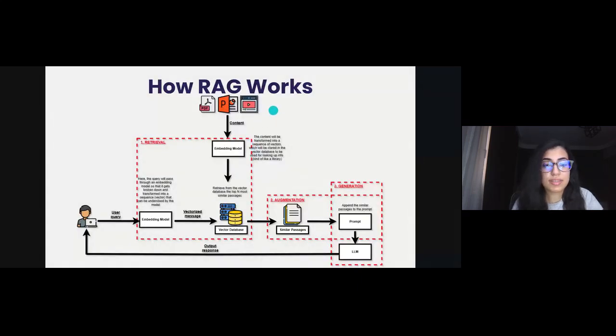This data can come from things like PDFs, PowerPoints, YouTube videos, and you pass the content to another embedding model, and the content will be transformed into a sequence of vectors, which will be stored in the vector database to be used for looking up information. So imagine this vector database kind of like a library. When you go to a library, there are sections where you can look for specific genres.